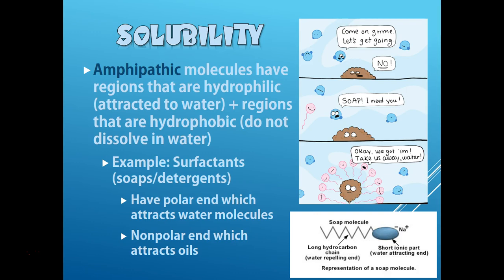Soaps, detergents, or what we call them collectively, surfactants, are amphipathic molecules. They have a polar end, which gets attracted to water, but they also have a nonpolar end that gets attracted to things like dirt and oils. And that's what makes them such great molecules to clean things with.